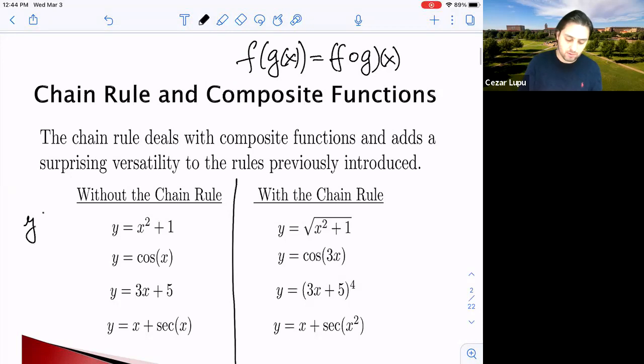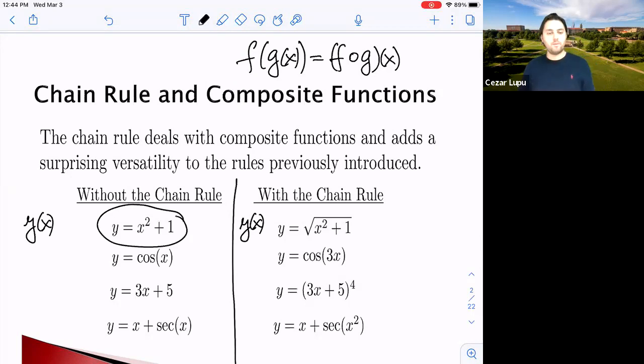If you look at the first function, let's say y equals x squared plus 1, it's a quadratic function, given explicitly. But on the right-hand side, you have y of x equals the square root of x squared plus 1, you see?